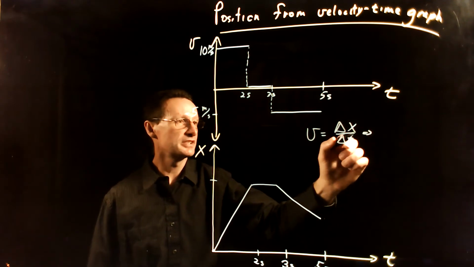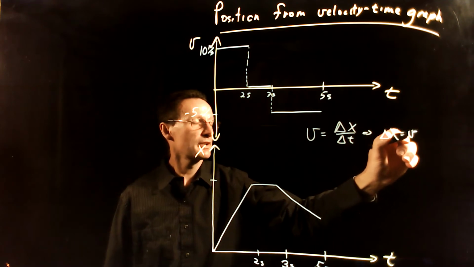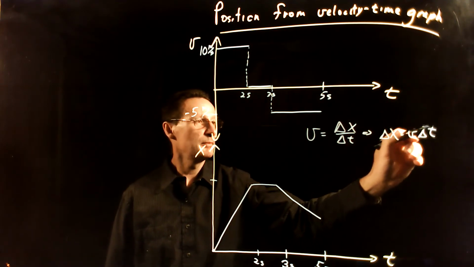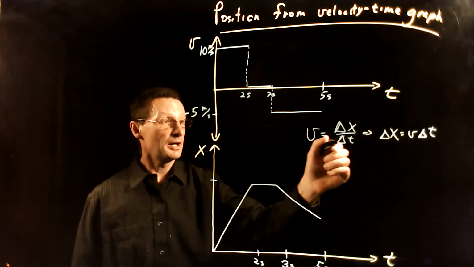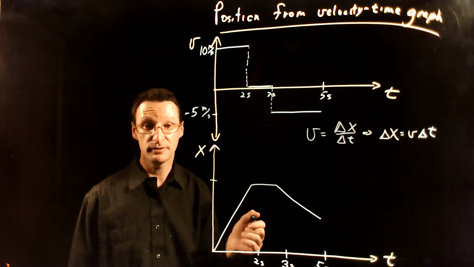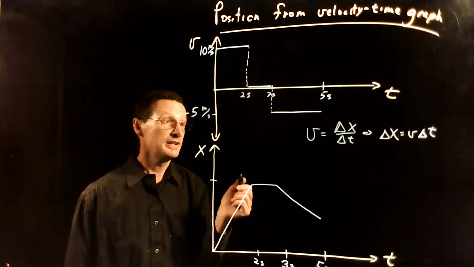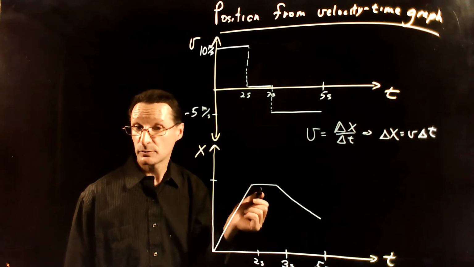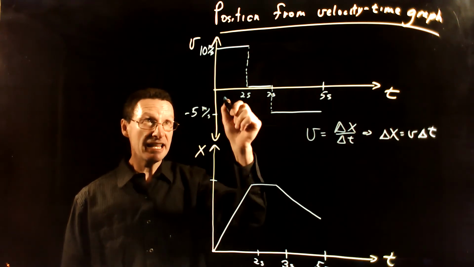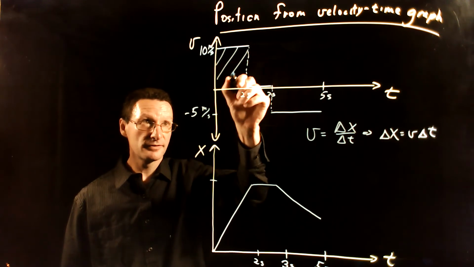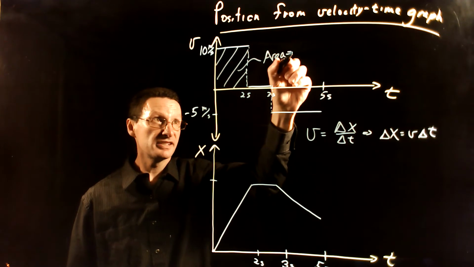If we rearrange this, the displacement is the product of the velocity times the time interval. What this suggests is that we need to multiply the velocity by the time interval. Now, in this particular case, the velocity is constant, but in general, the velocity is not going to be constant, but this also suggests a process: the area underneath this curve is going to be the displacement.